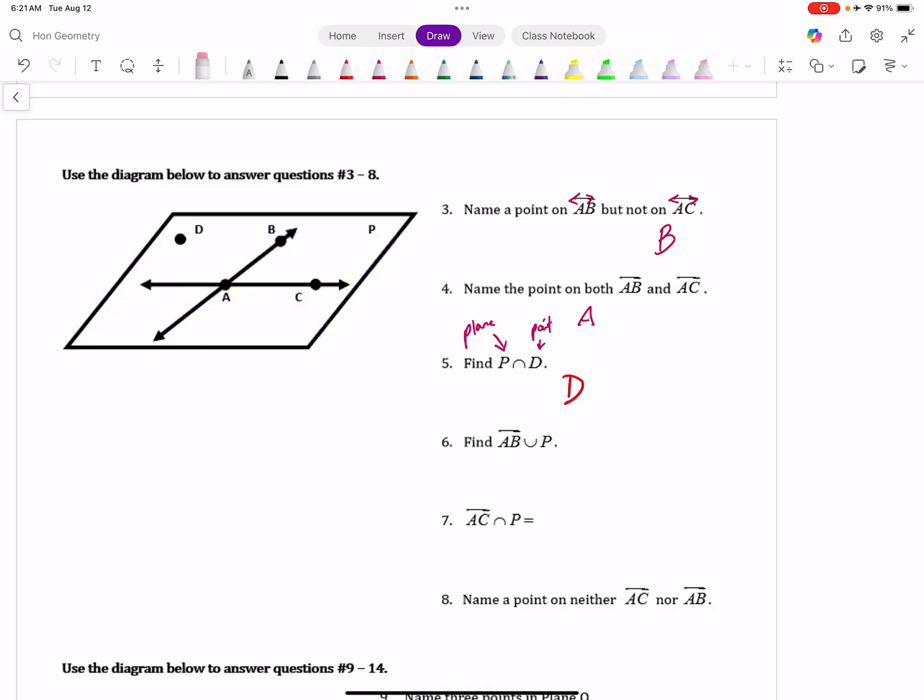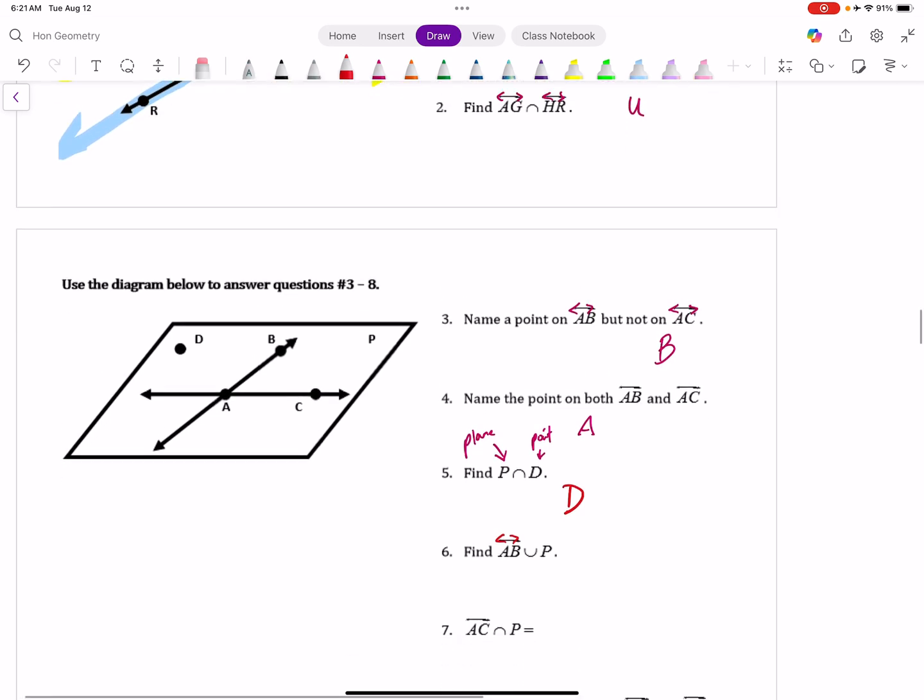All right, next up, line AB union with plane P. Okay, so let's take AB, this line, and put it together with everything in plane P. Well, line AB is part of plane P, so if we union them together, if we combine them together, we're just talking about plane P. So it's kind of like the intersection of these geometric figures.